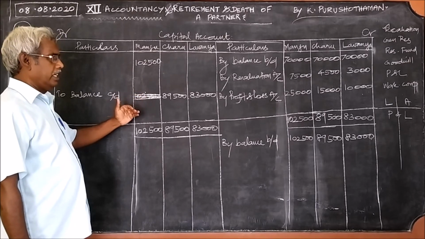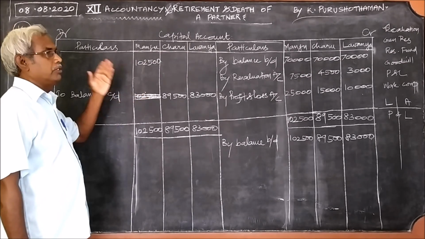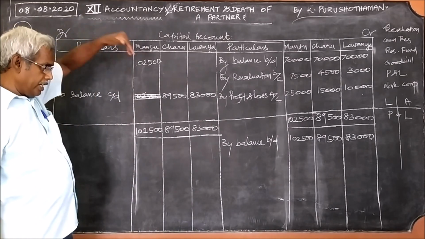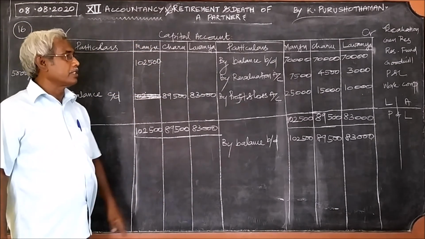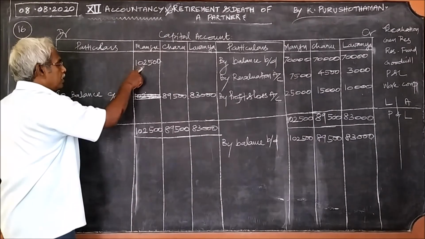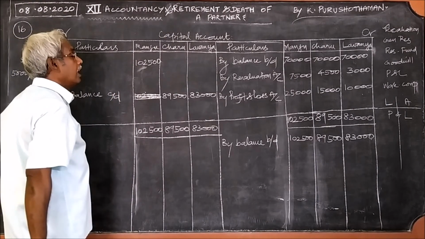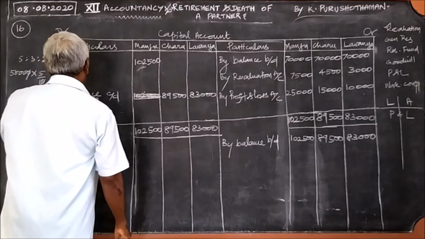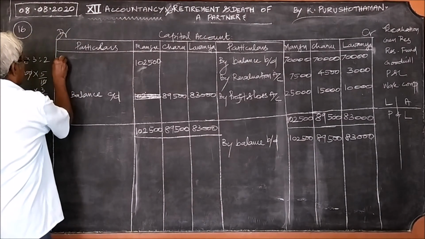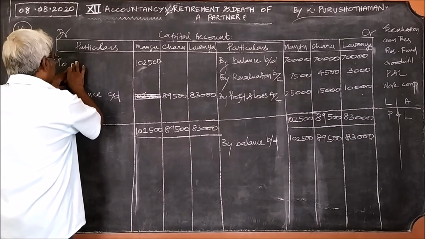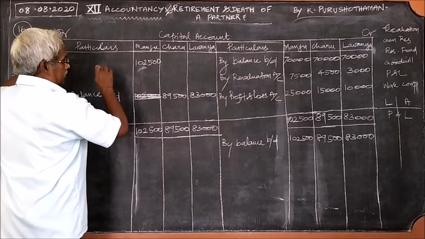Since she has retired, we cannot show the balance in her name. Only for the continuing partners we can show like this. The retiring partner's amount should be shown separately. How? If it is paid, that's what we have seen in the journal entries. If it is paid, we can write to bank account.